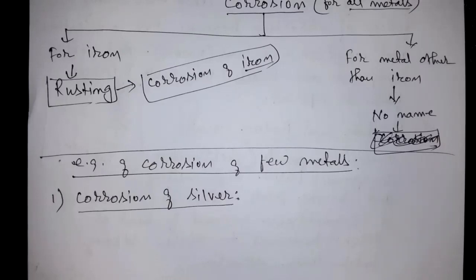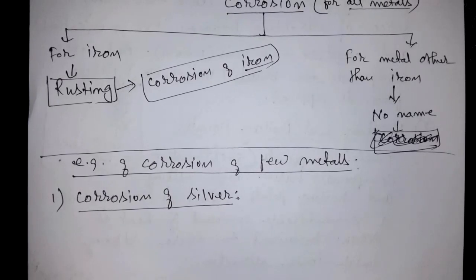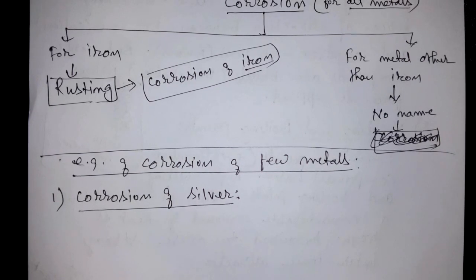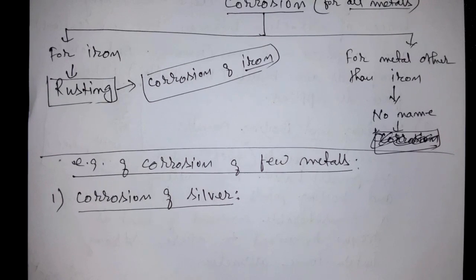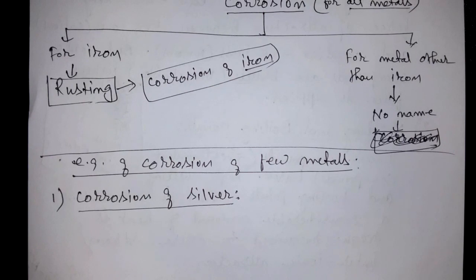Under corrosion of silver, when silver undergoes corrosion, a compound is produced called silver sulfide, and this compound is black in color. On this, one question may be asked: when silver is exposed in air, slowly it becomes blackish. When silver is new, it will be shining, silver color will be there.